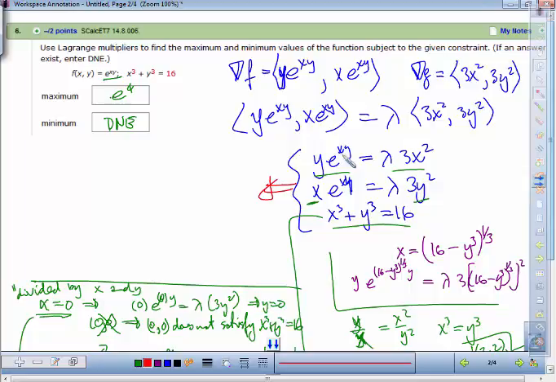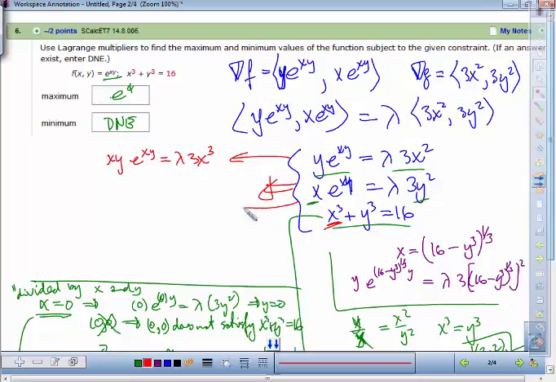To get to where she got over here, I can multiply the first equation by x, and I would get xy e to the xy is equal to lambda 3x cubed. And I want to multiply this by x because I want to get x cubed a little bit more involved in the other 2 equations.